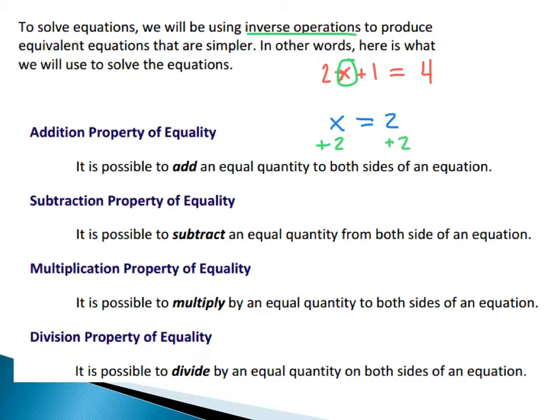So if I add 2 to one side, I have to add 2 to the other side. If I subtract 2 from one side, I have to subtract 2 from the other side. If I multiply by 2 on one side, I have to multiply by 2 on the other side, and the same thing goes with division. If I divide by 2, I must divide by 2 on the other side as well. So all these properties say is whatever you do to one side, you have to do to the other. That's what makes an equation true.